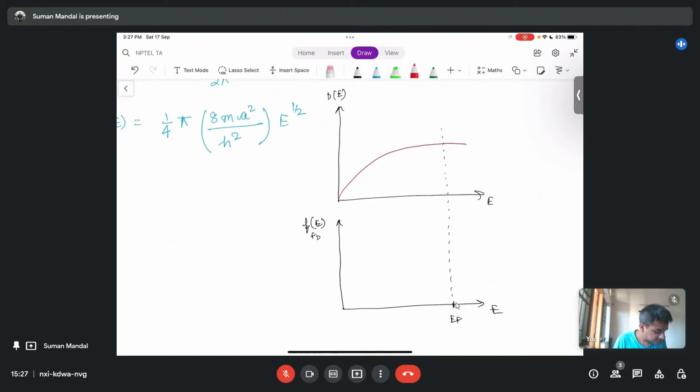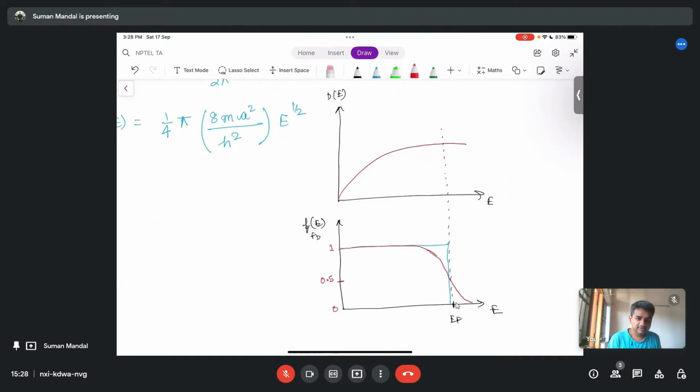Then the Fermi-Dirac says it will go like this; we'll draw 2 temperatures. This is at T equal to 0 Kelvin, and then this is at some higher temperature.